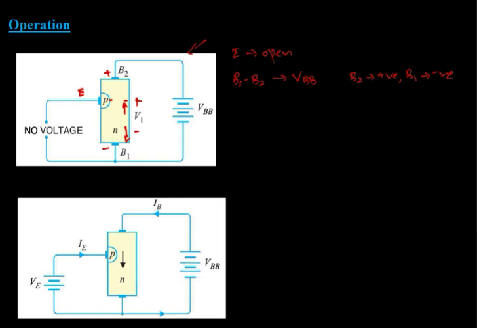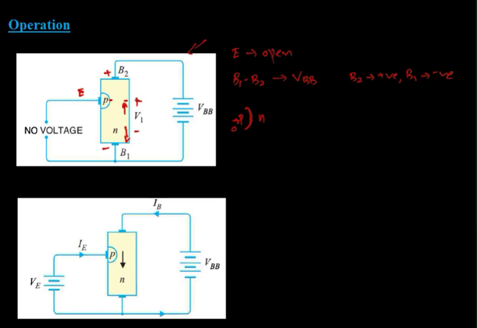The voltage V1 between the emitter and B1 establishes a reverse bias on the PN junction, because here you can see there is a PN junction, here it is P and here it is N, and there is no voltage applied to the P because the emitter is open, so here it is actually 0 volt, and the N region is here.